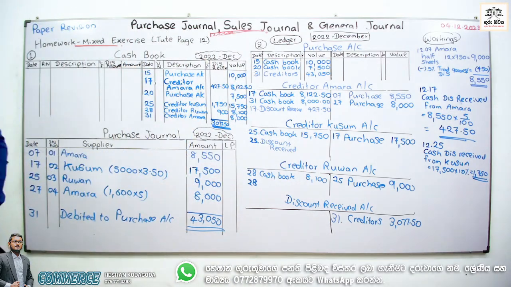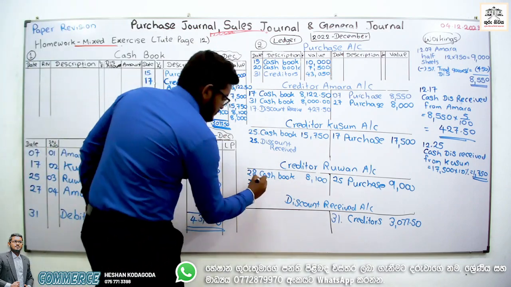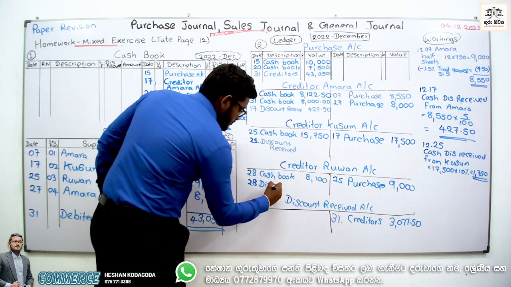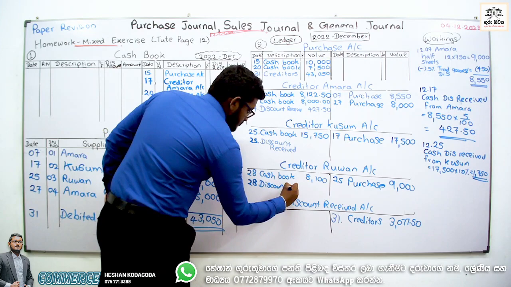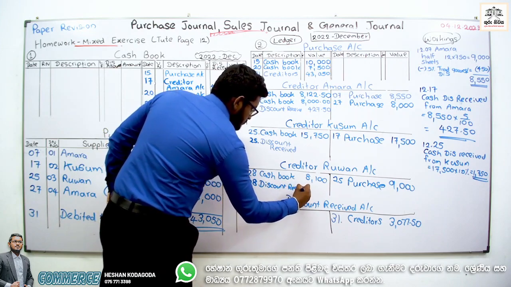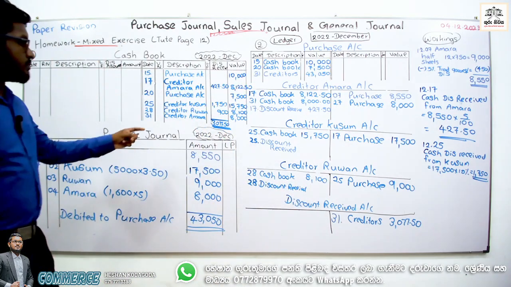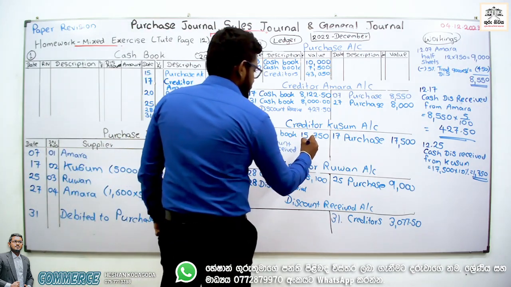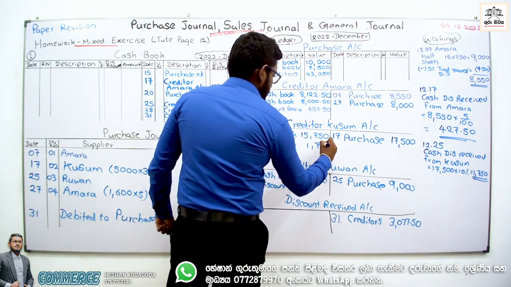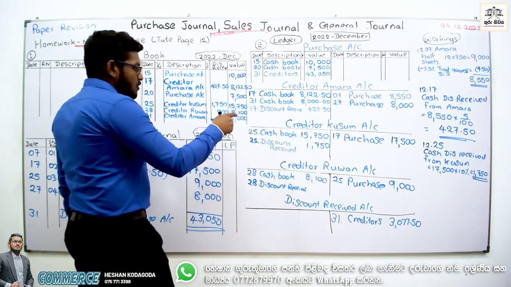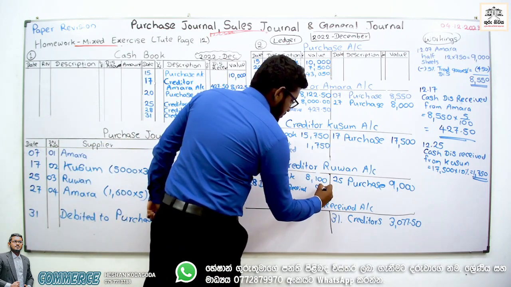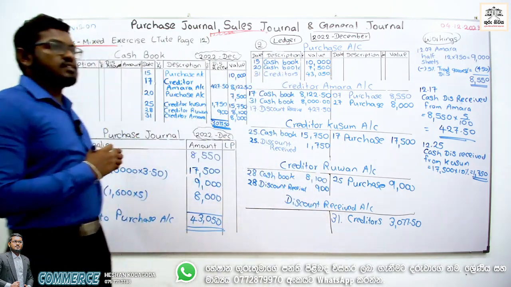Not only that, this is also discount received. From creditor Kusum, it's rupees 1,750. From creditor Ruan, it's 900. Okay, this is the end.